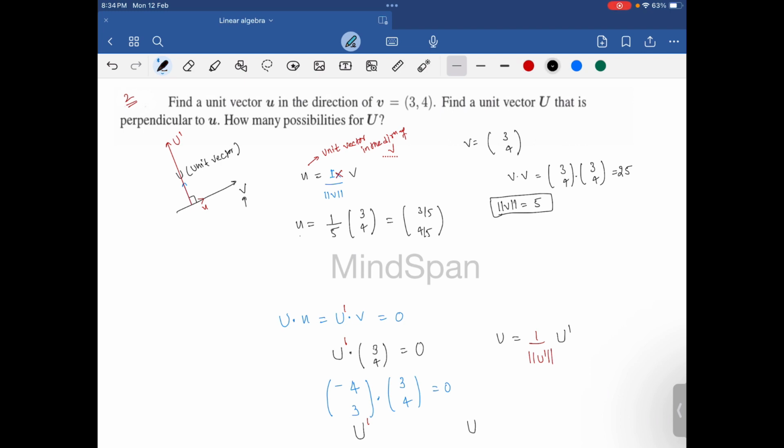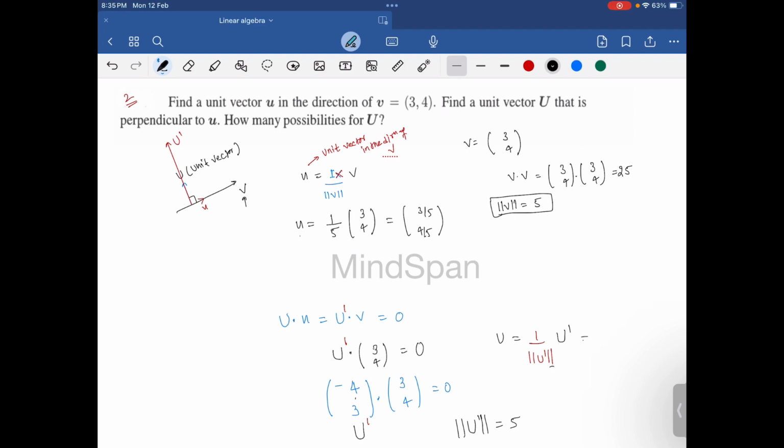The norm of u dash will be root over 4 squared plus 3 squared. I am not going to write all these things. So that will be 16 plus 9, that is 25, and root of that is 5. So the length of u dash is 5.